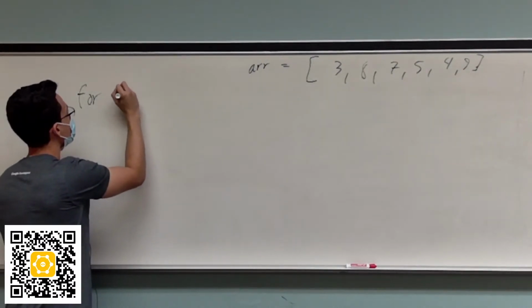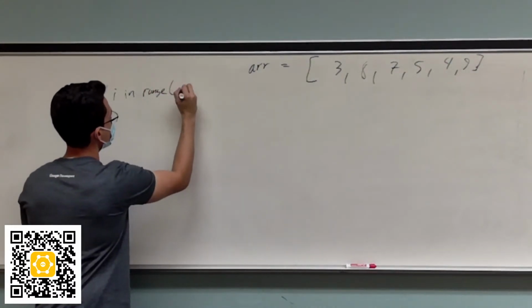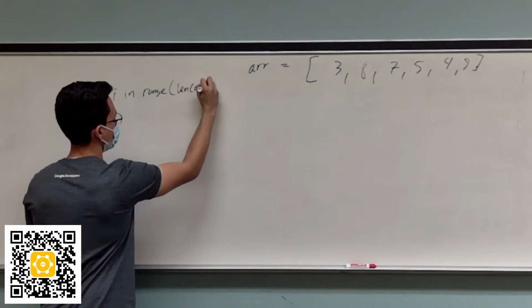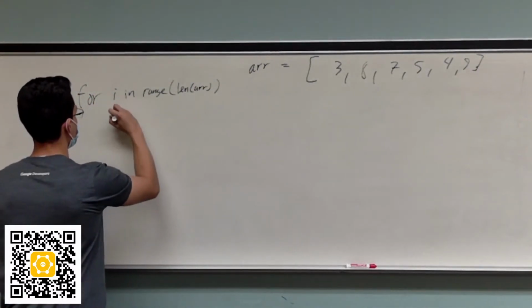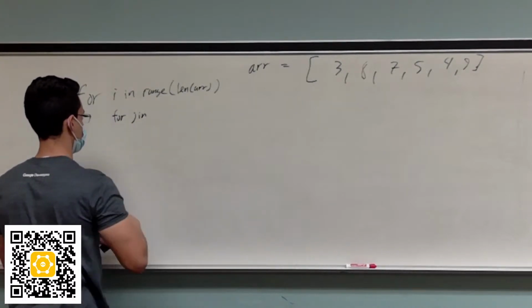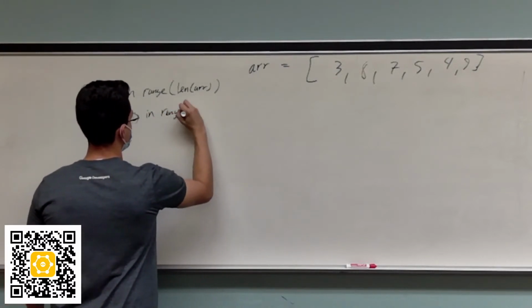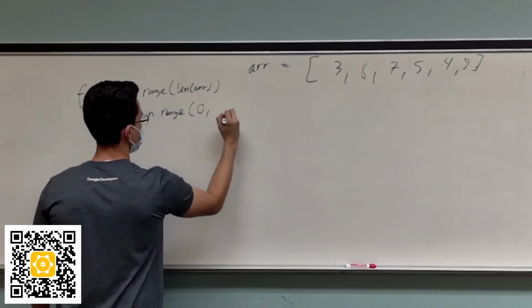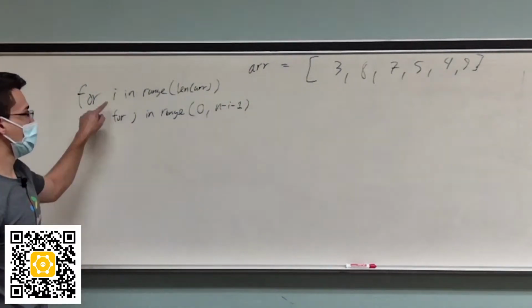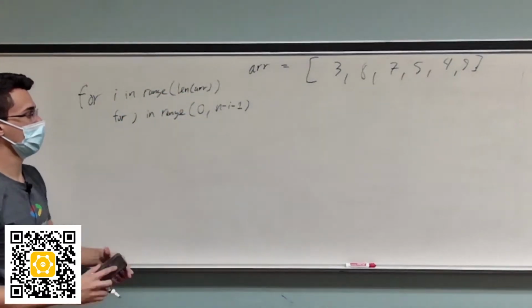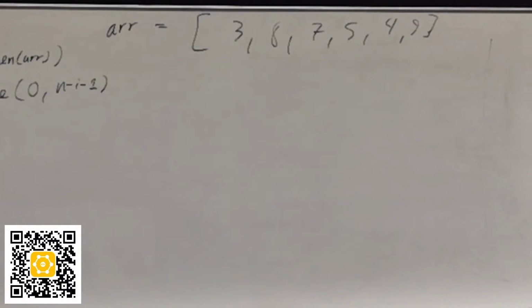For i in, this is Python, but you know you could do it in any language. And then for i in range the length. So then for j, up to the last element.